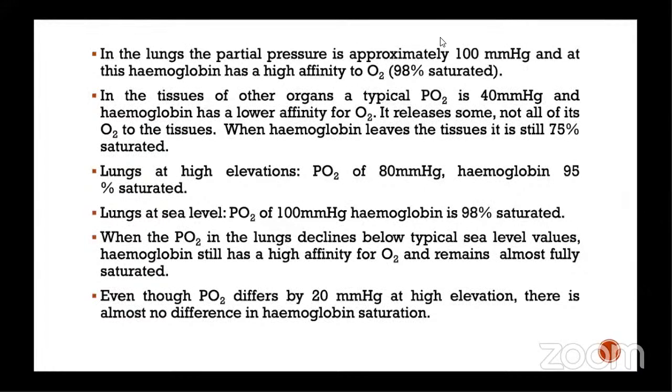Whereas in the tissue, the end organs, you have a partial pressure of 40 millimeters of mercury, as described from the graph, giving about 75% saturation. Because of the lower affinity, some of the oxygen gets released to the tissue easily.